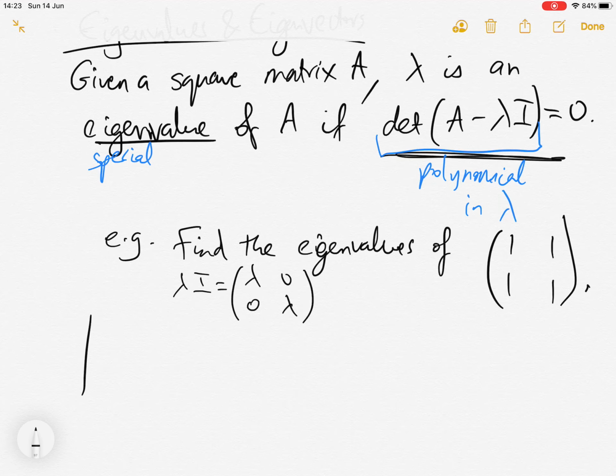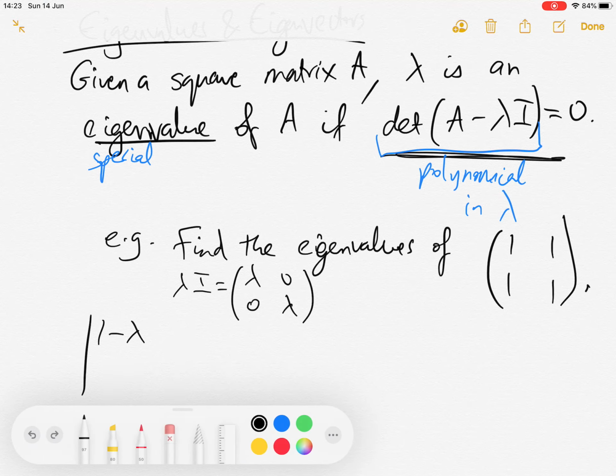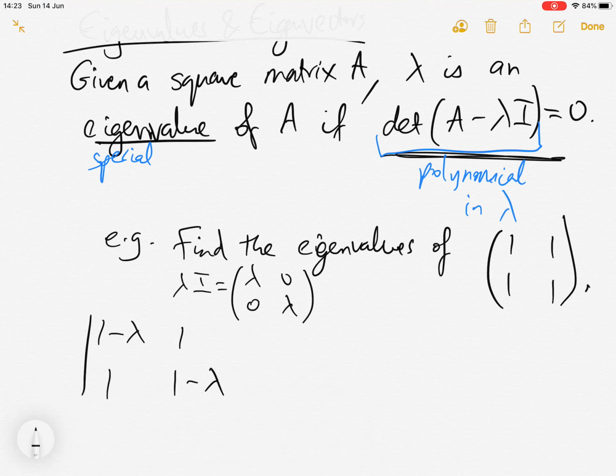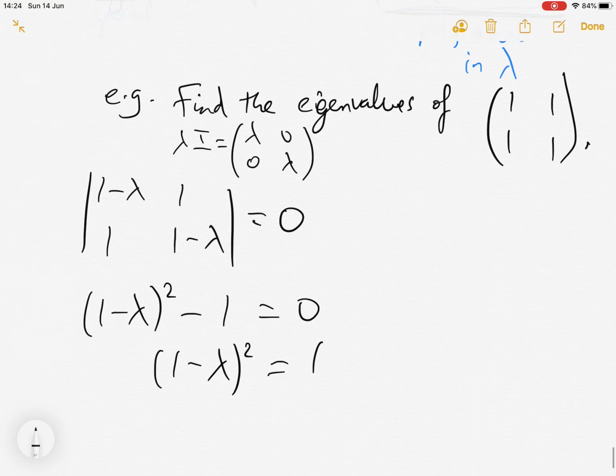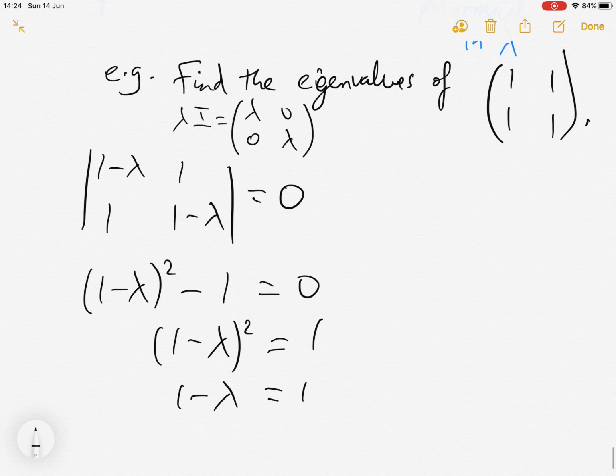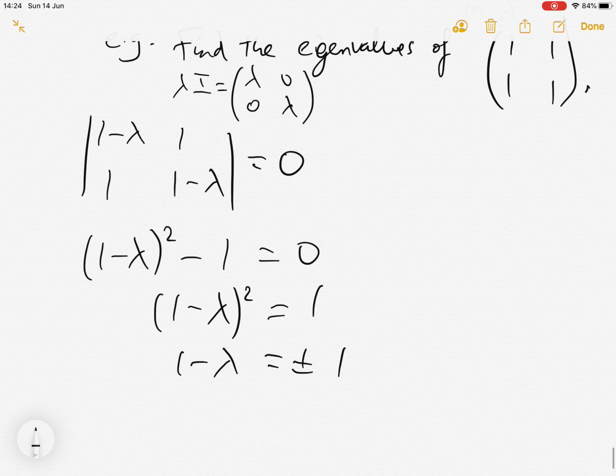So if we subtract these, we're going to get 1 minus lambda, 1, 1, 1 minus lambda. And that's equal to 0 if lambda is an eigenvalue. So then the determinant of this is (1 minus lambda) squared minus 1, which we can quite easily solve to find lambda. So lambda is going to be 0 or 2.